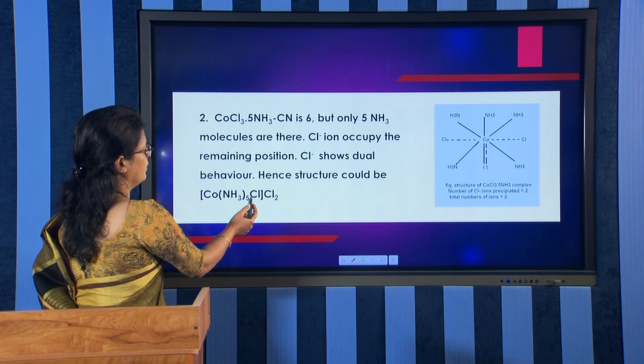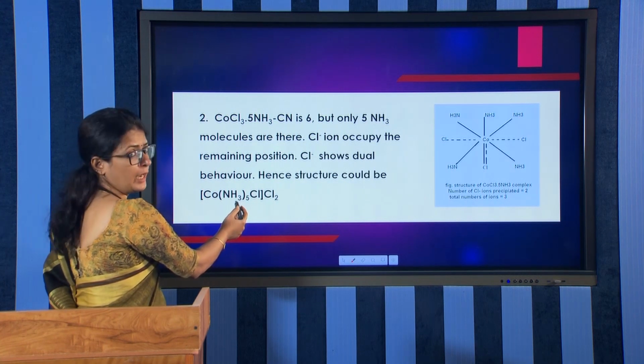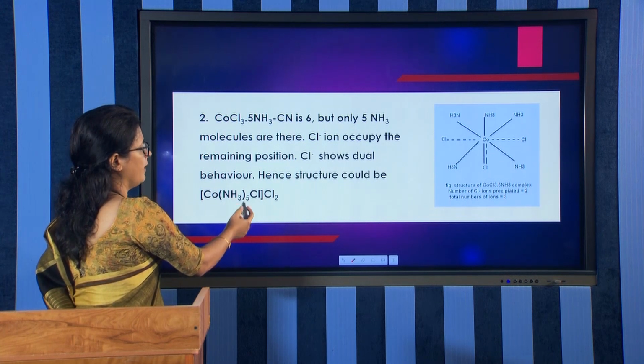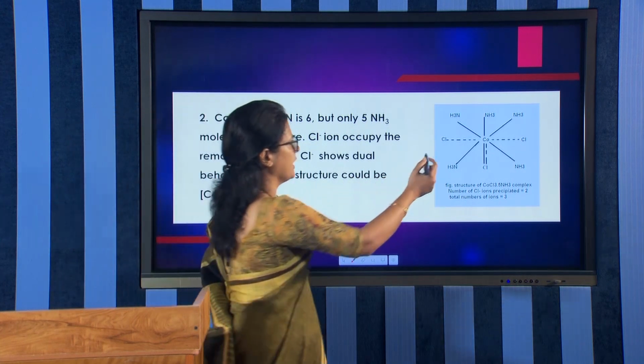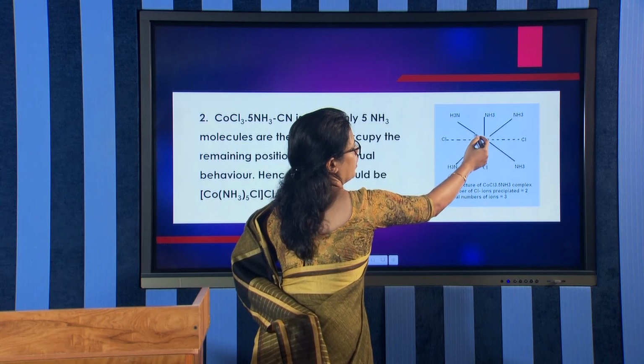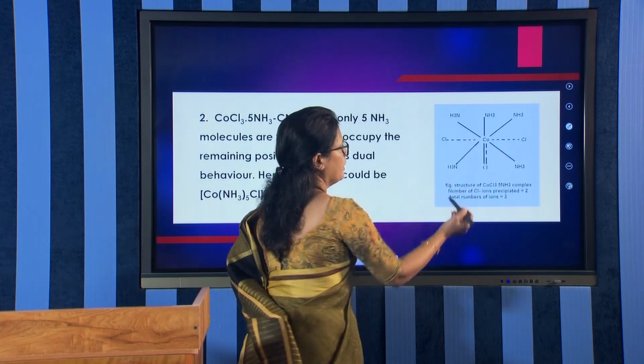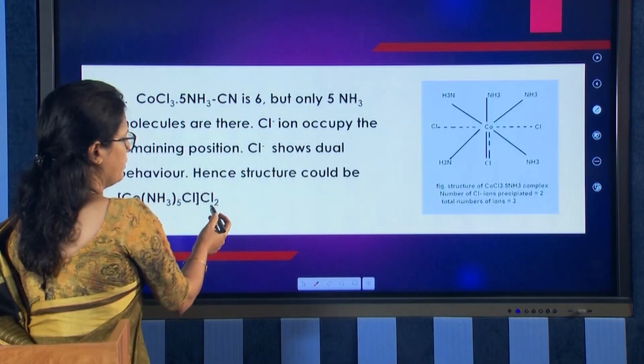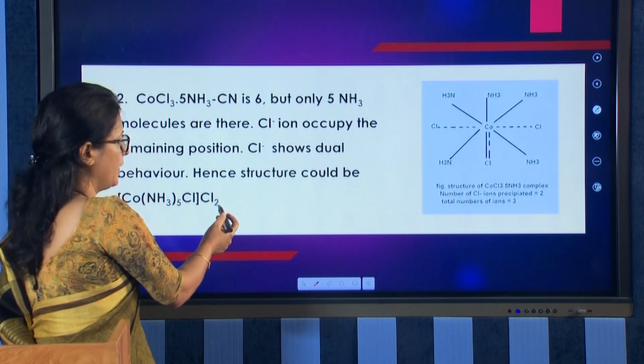5 ammonia molecules are acting as secondary valency, and they are represented as solid lines 1, 2, 3, 4 and 5, and 2 chloride ions are representing the primary valency.